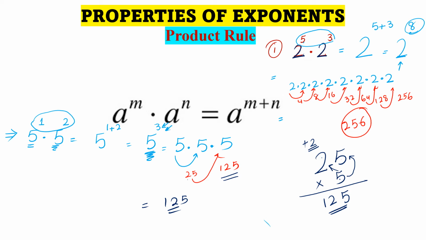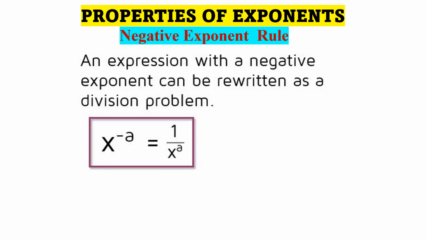Now next property. Next property is said to be the negative exponent rule. What does it mean? It means that if any base is written and on the power there is any number written but with a negative sign, the negative sign is written before the number.